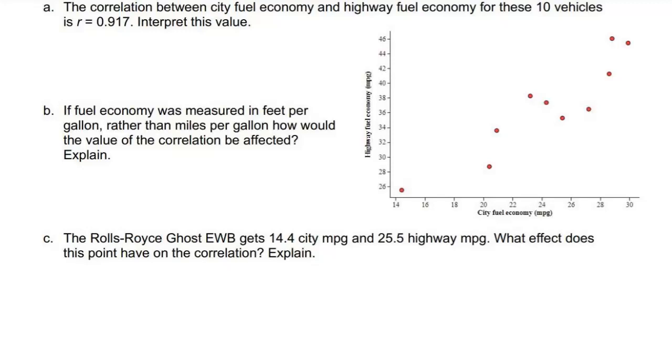If we had this point, 14.4 city miles per gallon, 25.5 highway miles per gallon. So this point right down here. Is that point strengthening or weakening the correlation? Is it in the pattern or not in the pattern?